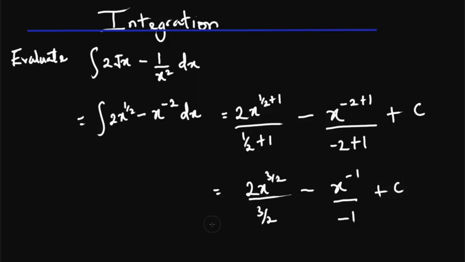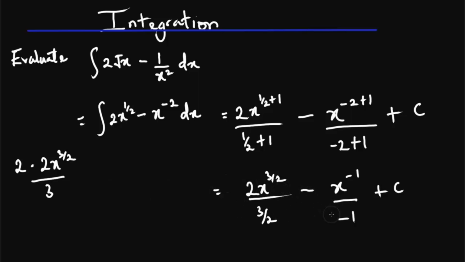Okay, so you can rewrite this by simplifying. You can have 2 multiplied by 2x to the power 3 over 2 divided by 3. I just brought the 2 up. This should be an easy one for you to simplify. You can pause the video and simplify it.